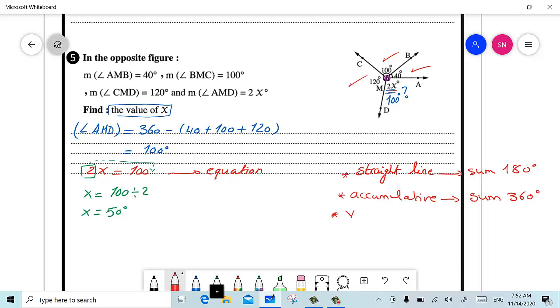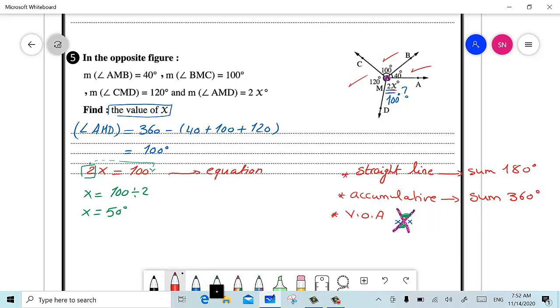The third relation is vertically opposite angles. Remember that vertically opposite angles result from the intersection of two lines. When I have two lines intersecting, this means that the opposite angles will be equal in measure. So those two angles are going to be equal in measure, and those two angles are going to be equal in measure, because they are vertically opposite angles.